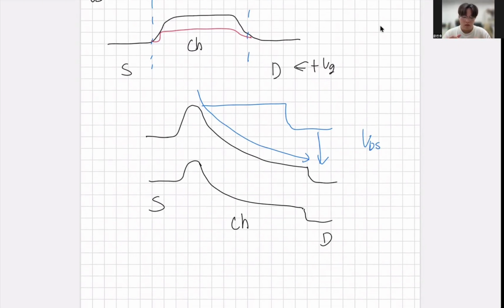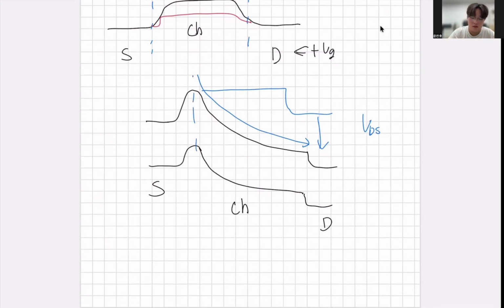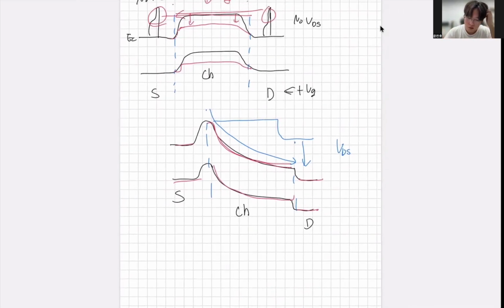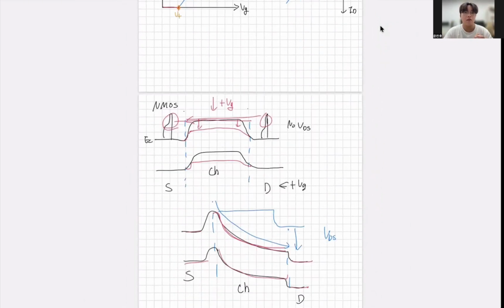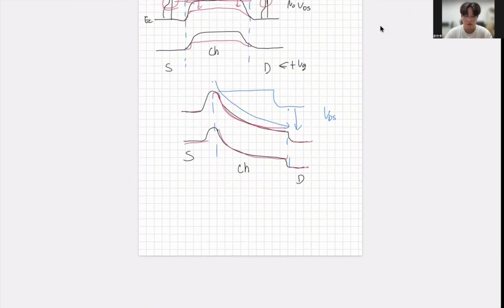And as you can see in this band diagram, most of the band bending occurs in the channel, in this part here, but the source and drain parts do not change. So I have explained the carrier transport in MOSFET.